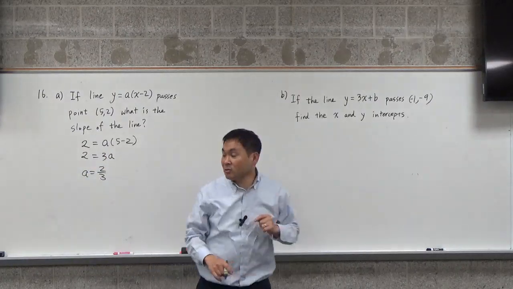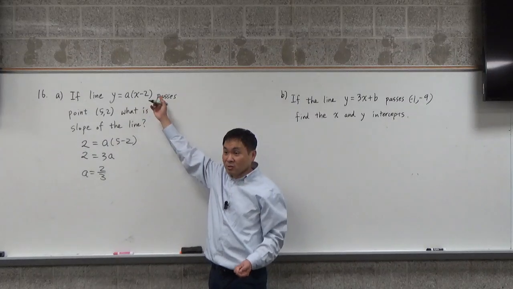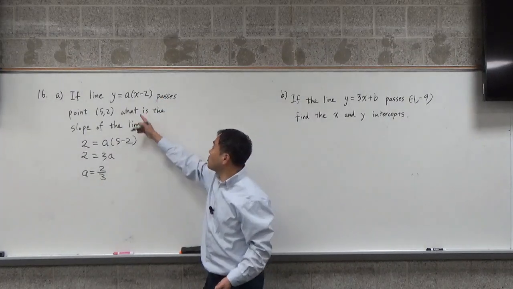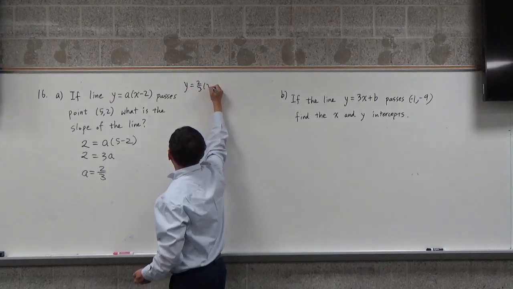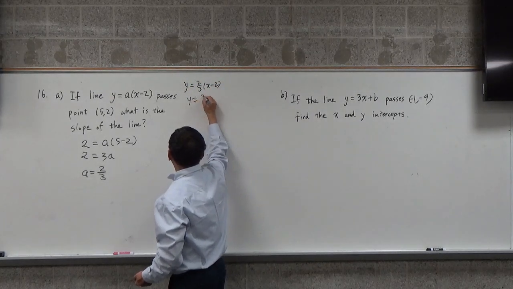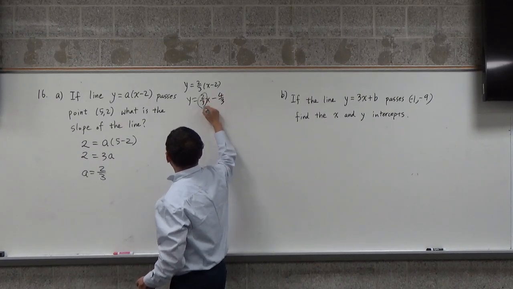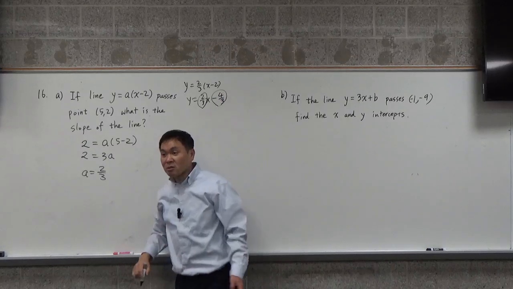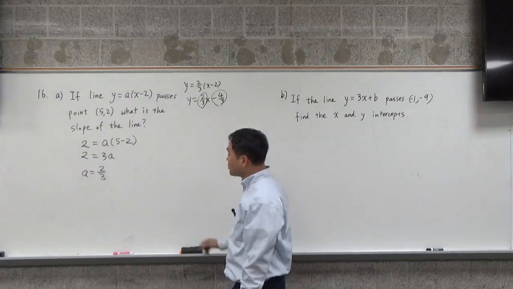And therefore, a is 2/3, which means the slope of this line is 2/3, right? If you multiply this out, y equals 2/3 times x minus 2. That gives you y equals 2/3 x minus 4/3. So slope is 2/3 and y-intercept is negative 4/3. Okay? So that's the answer.